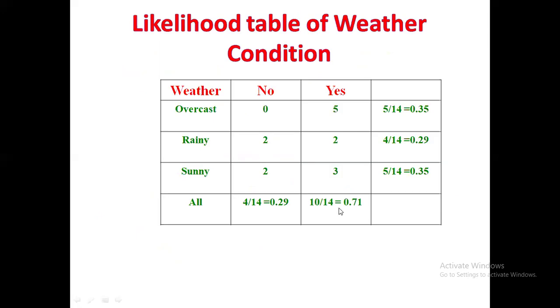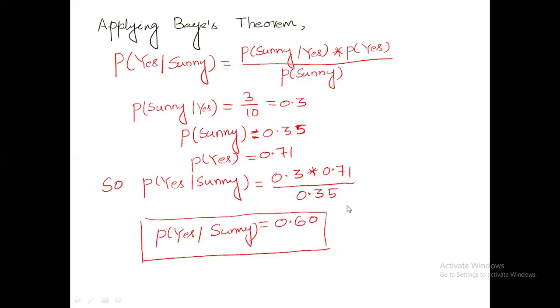The probability of yes is 0.71. So the probability of yes given sunny is equal to 0.3 into 0.71 divided by 0.35.